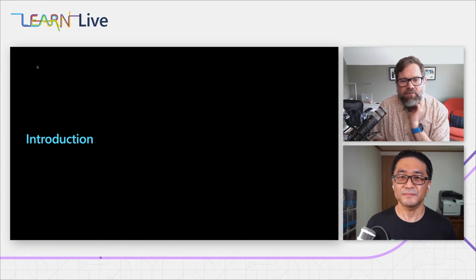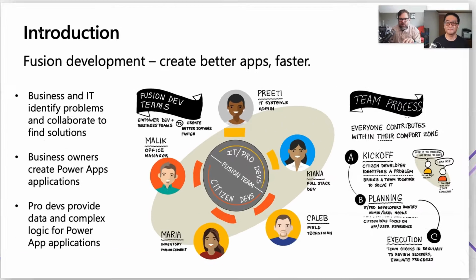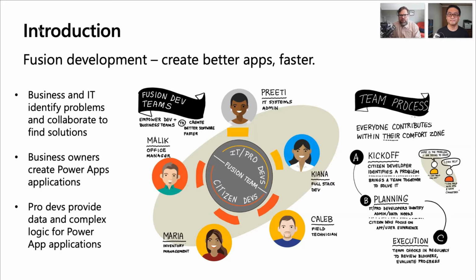So to start off with, people might be wondering, what is Fusion development? Just to give a real quick introduction: Fusion development teams really are a means to create better applications faster. What this means is that business and IT work together in a unique way. The business teams create the front end of the applications using Power Apps.